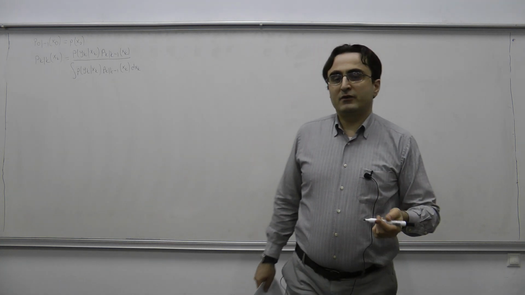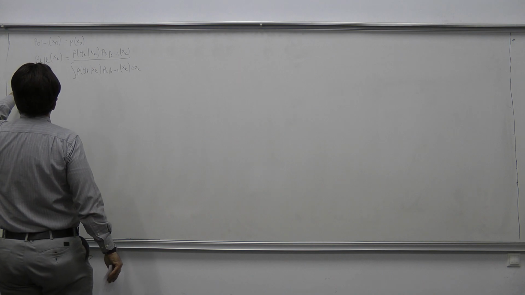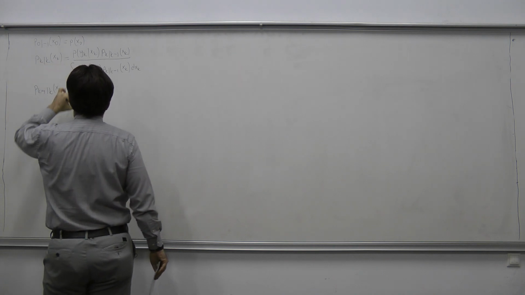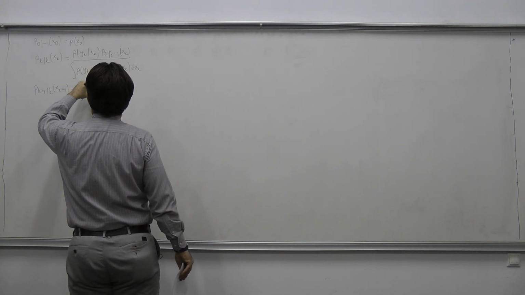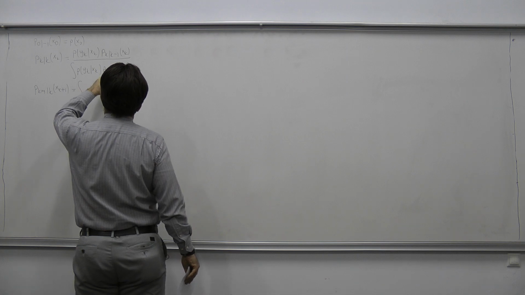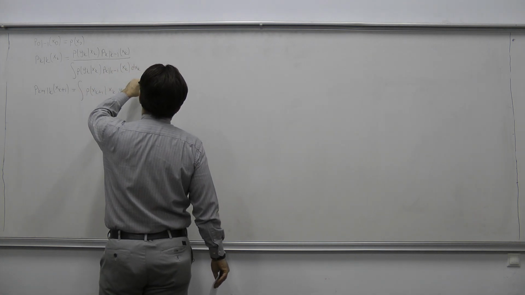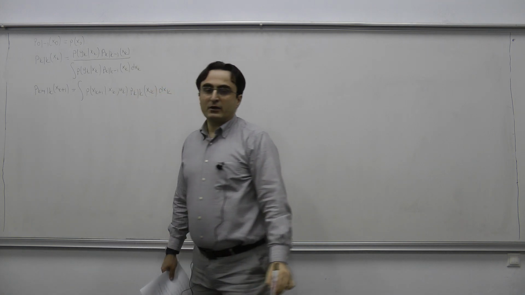And finally, we have the time update, which is Pk plus 1 given k of xk plus 1 is equal to an integral only, and I have P xk plus 1 given xk and uk, times Pk given k of xk, and the integral is again with respect to xk.